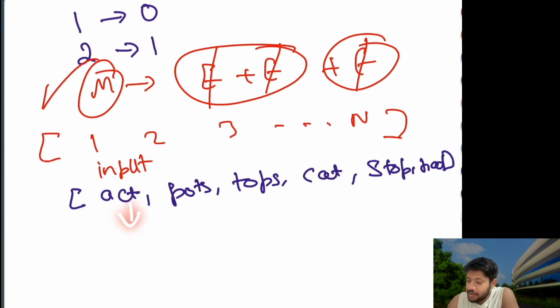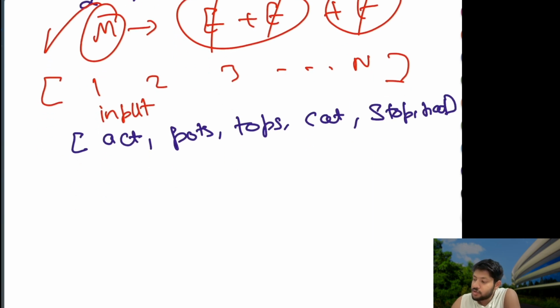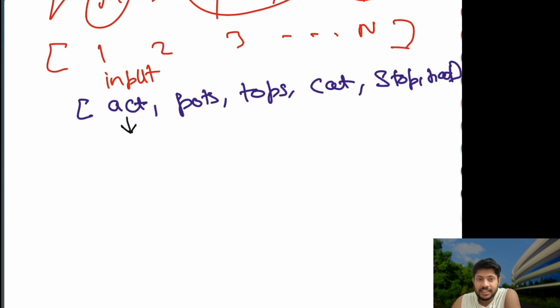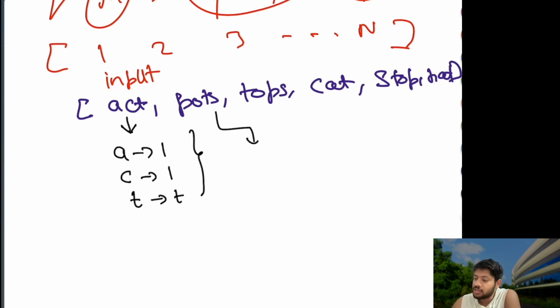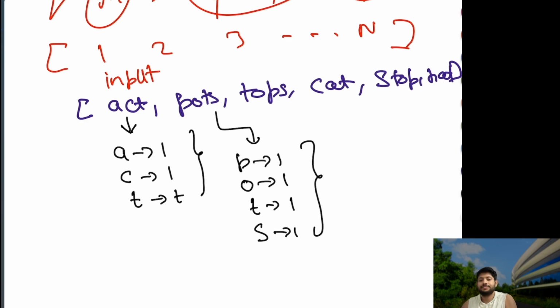For every string, I need to keep track of what characters it is made up of. If it is act, it is made up of one A, one C, one T. For pots, we have one P, one O, one T, and one S, right? Similarly for other strings.